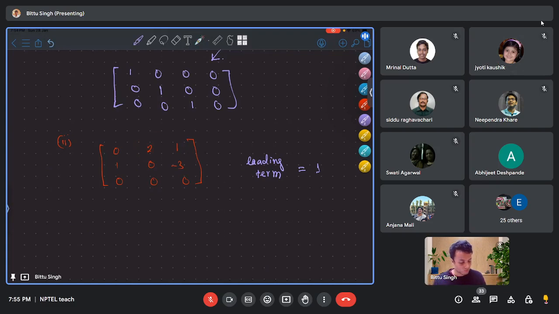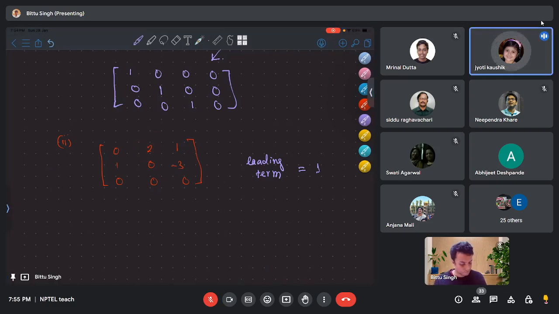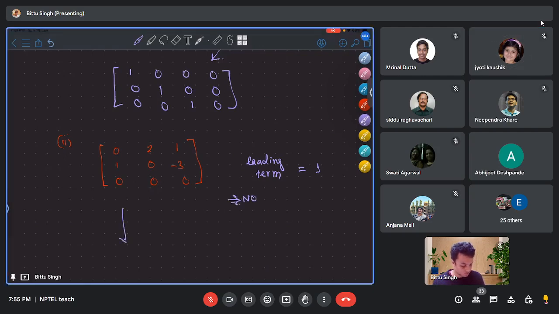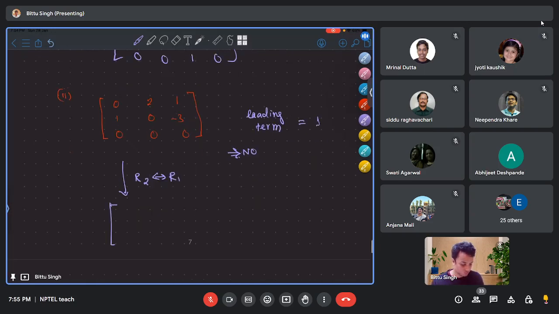So what will be the operation? What do we need to perform? R2 interchange with R1. Yes, it is the right way. This will give 1 0 minus 3, 0 2 1, 0 0 0. But is it row reduced?